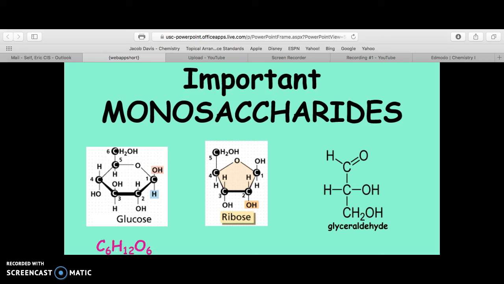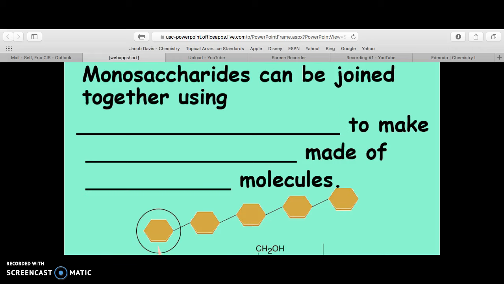So these all have, of course, formulas, and there they are: C6H12O6, C5H10O5, C3H6O3. And again, if you were to reduce these down, you should get a 1-to-1 ratio. Now, if I go too fast, feel free to pause at any moment, but you are required and expected to have all these notes down as we go through today.